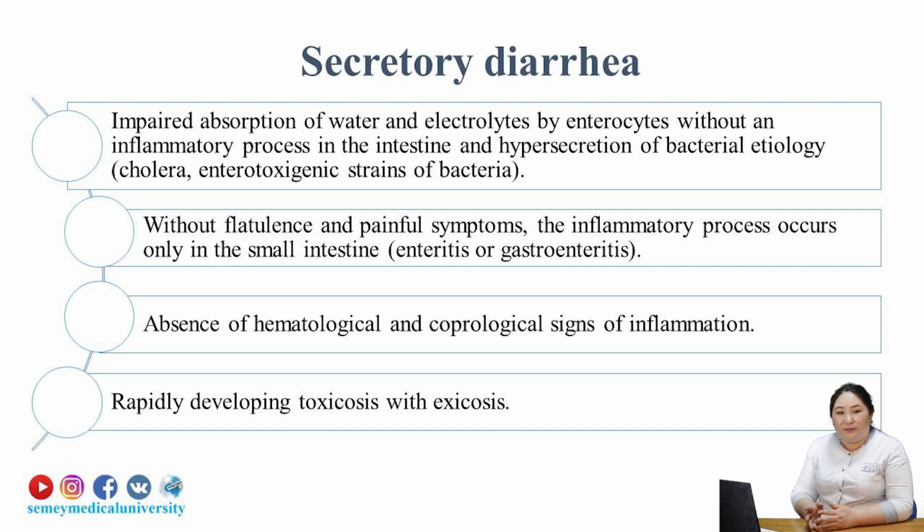This pathogenic factor will activate the adenylate cyclase mechanism, so production of cAMP will be increased, and of course secretion of sodium, potassium, and water will be increased without inflammation, without fever, without abdominal pain. The patient will have abnormal liquid stool in very big amounts without flatulence, and repeated vomiting, and rapid development of dehydration syndrome up to dehydration shock can occur.